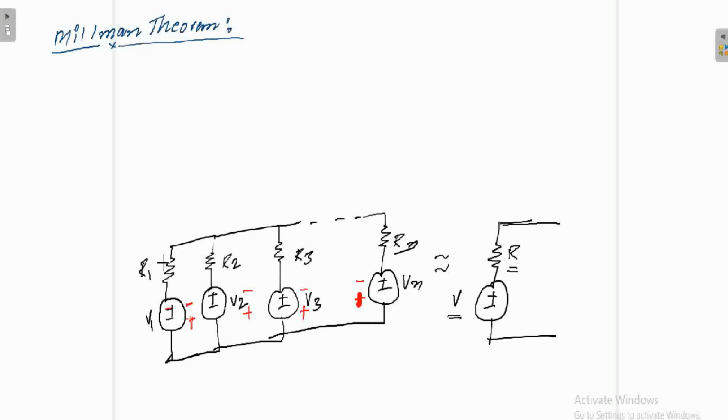Let us consider the current supplied by V1 is I1, the current supplied by V2 is I2, the current supplied by V3 is I3, and the current supplied by Vn is In. Let us consider this point as I.